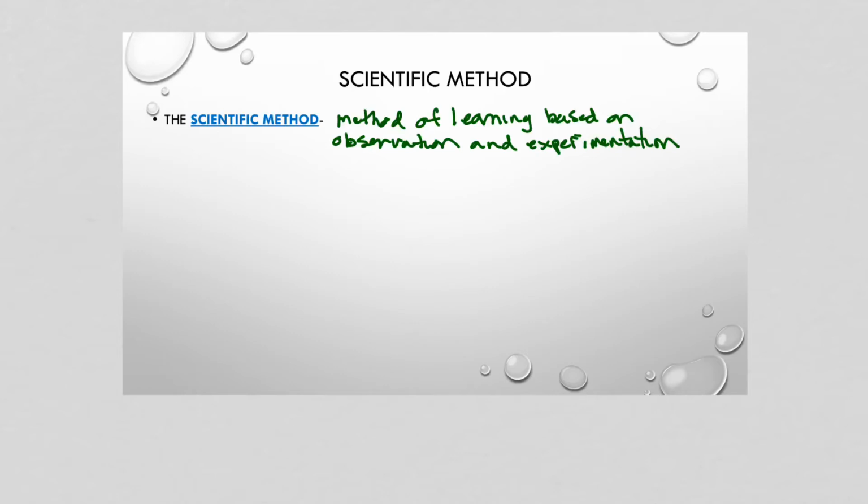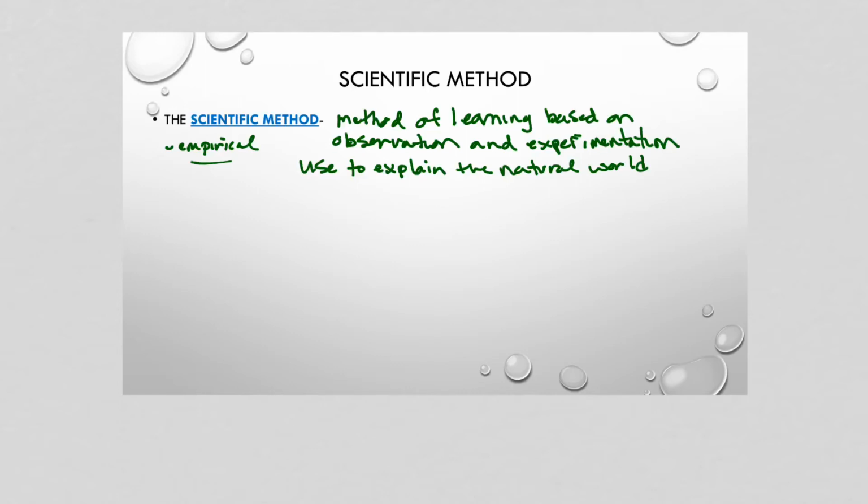And typically, we're using this to explain something about the natural world. So, the scientific method is what we refer to as an empirical method. And all that simply means is it utilizes observation, data, and experimentation.